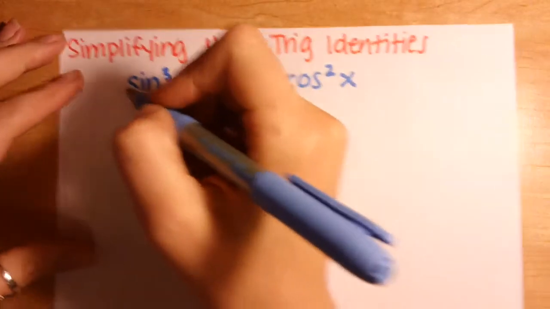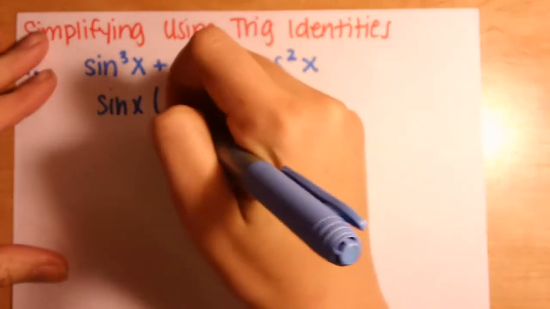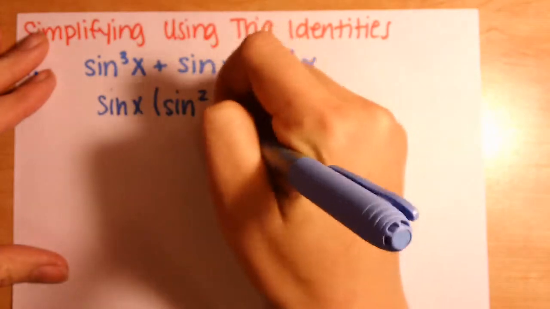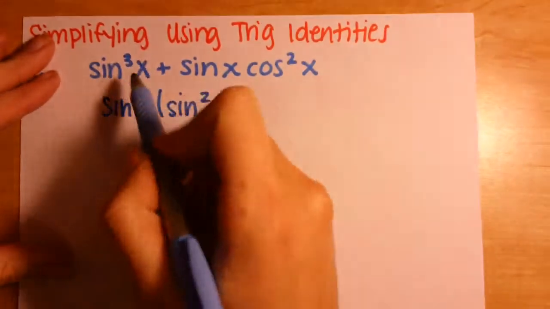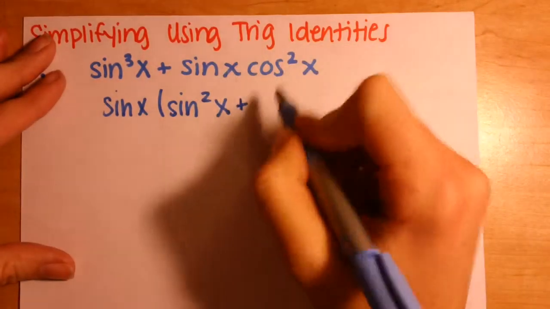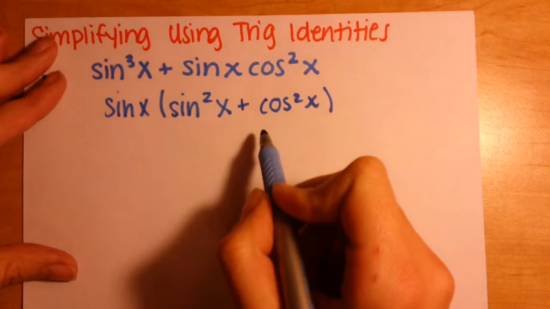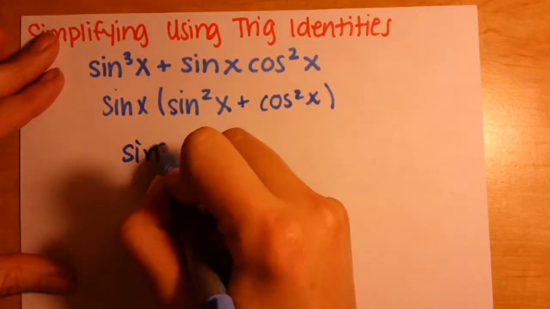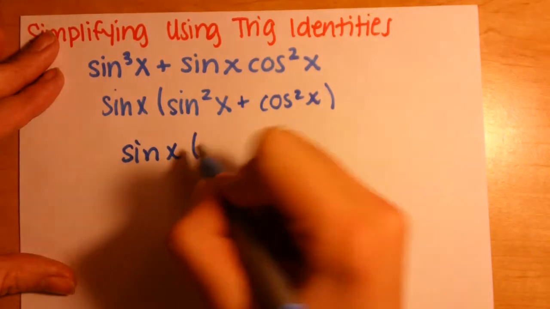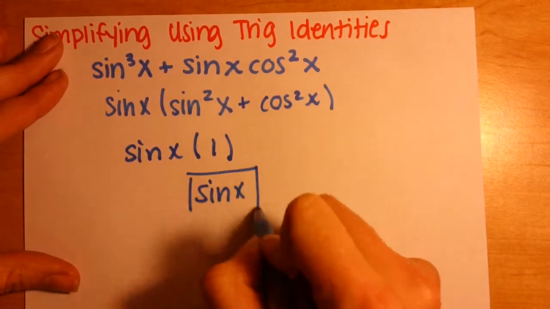So here we can say sine of x times sine squared of x plus cosine squared x, since we took the sine of x out of each term. Now this is one of our trig identities, our Pythagorean identities, so we'll have the sine of x times 1, which is just equal to the sine of x.